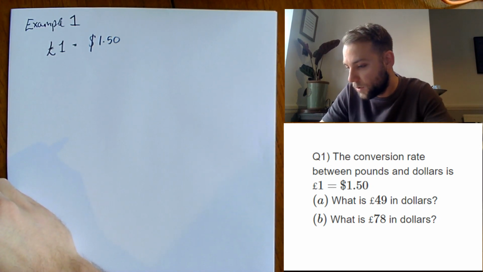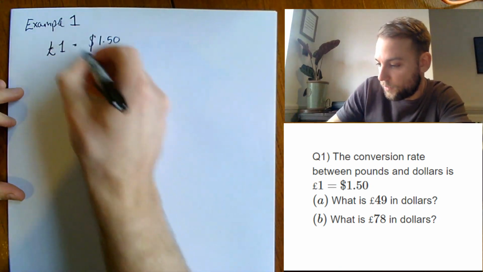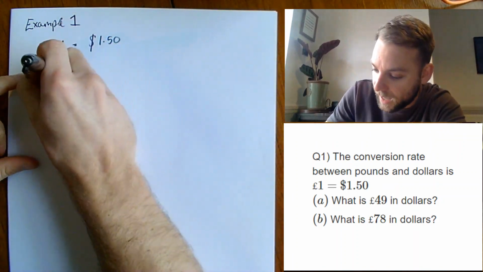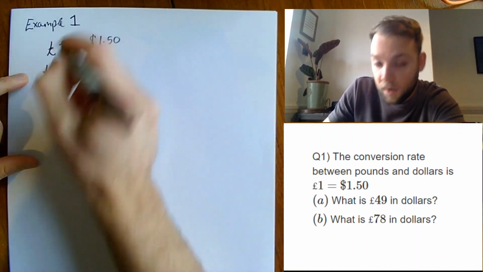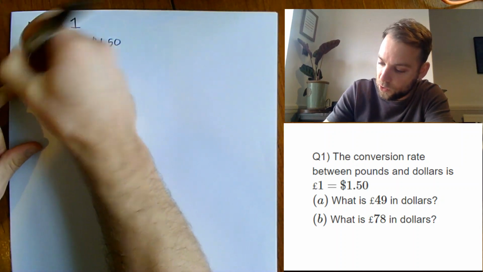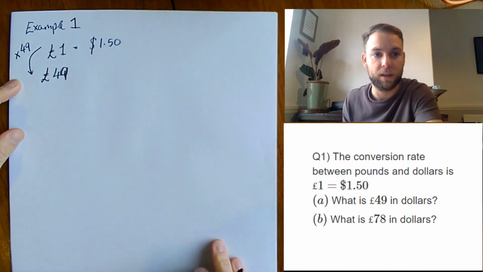With this one, first of all we need to convert by multiplying. If you know that £1 is this, and I'm trying to find out what £49 is, then how do I get from £1 to this? I'm timesing by 49.